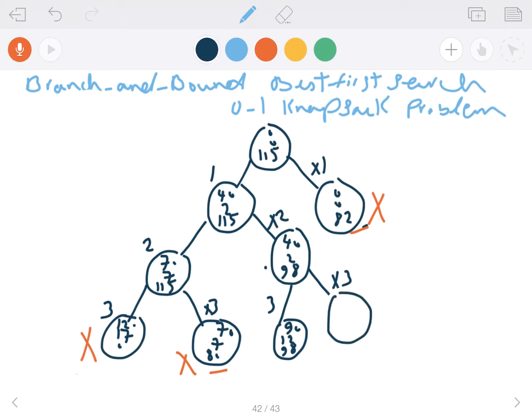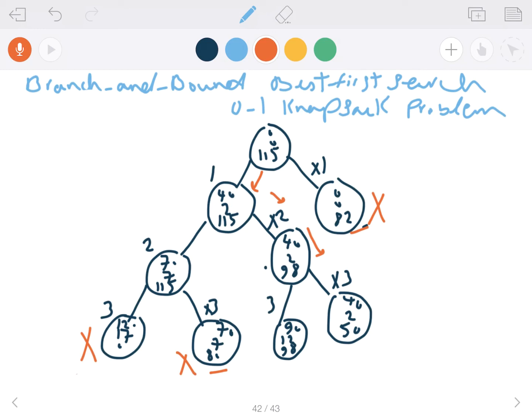So if we do not include number 3, we're going to have 40, and 2 as the weight and 50 as the bound. As you see here, if we include only item number 1 and do not include item number 2 or item number 3 in our bag, the total profit that we gain is 40 so far, and the weight is equal to 2 because we only picked item number 1.